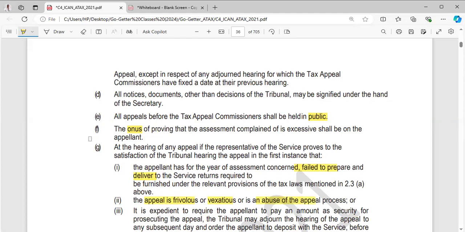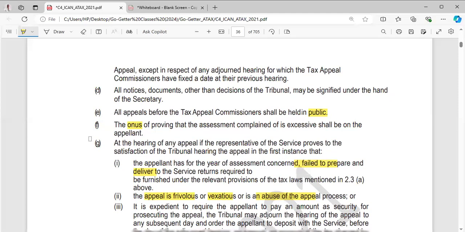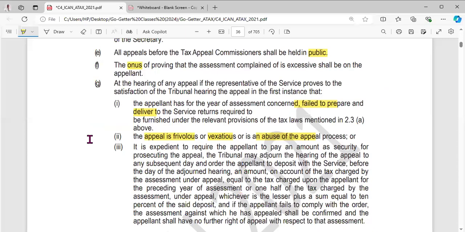or that it is expedient to require the appellant to pay an amount as security for prosecuting the appeal, the tribunal may adjourn the hearing to a subsequent day and order the appellant to deposit with the service before the day of adjournment that amount charged by the assessment under the appeal, and which is equal to the tax charged upon the appellant for the preceding year of assessment, or one half of the tax charged by the assessment.